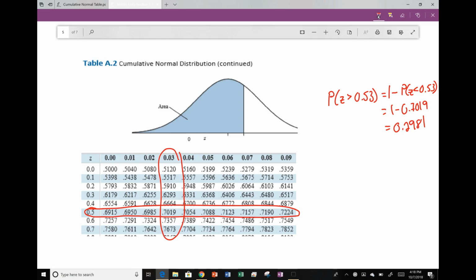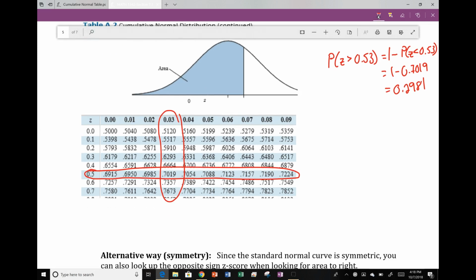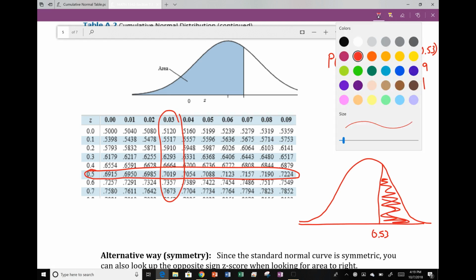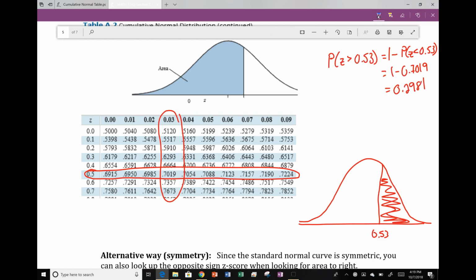This is one method we can use to look up to the right. Recall that the graph is symmetric, okay? So if I'm looking at this normal curve, and I want to the right of 0.53, well, that's this area here, correct? The opposite of that, symmetrically, would be here, at negative 0.53.